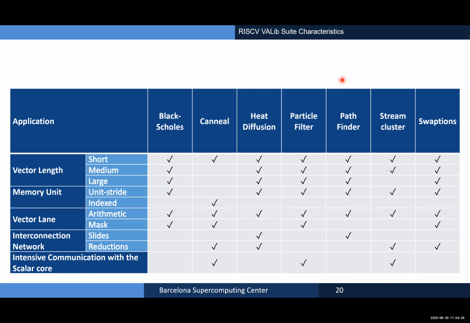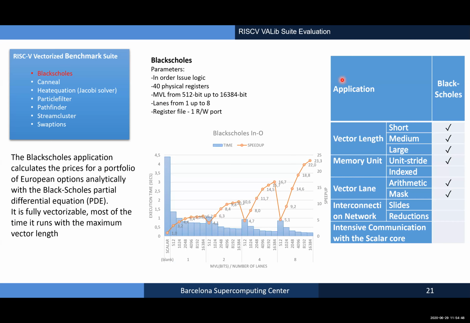And we also want to look at applications where, for the coupled vector architectures, there is intensive communication with the scalar core. Next slide. So very quickly, if we go through the applications, we have Black-Scholes to start with.